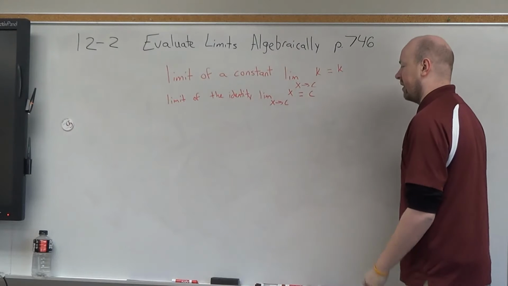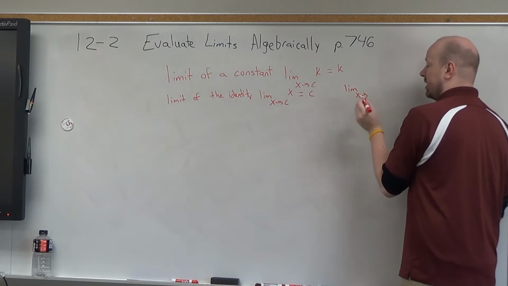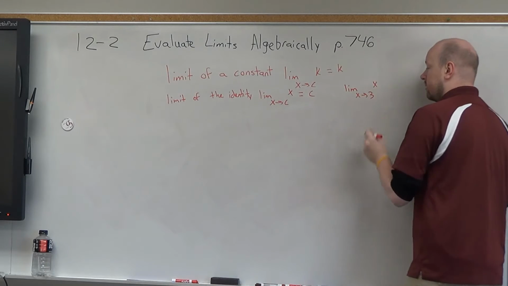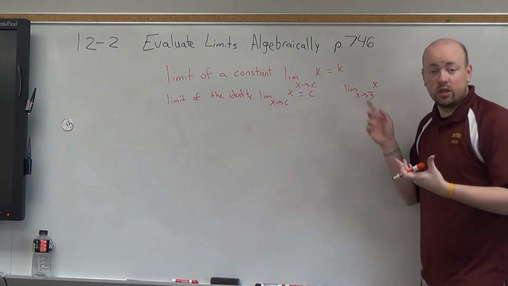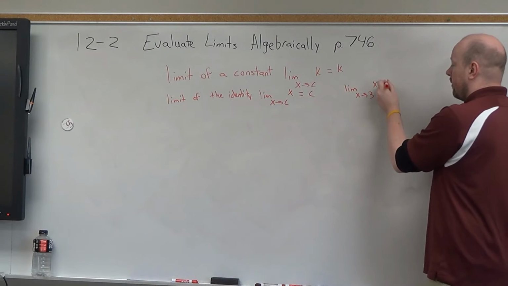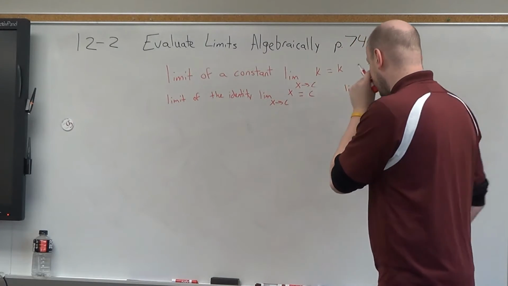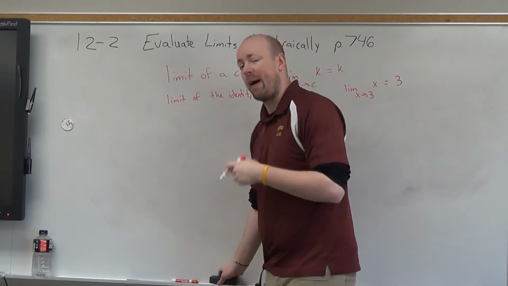So again, let's talk about an example. The limit as x approaches 3 of x, well, x is a function. We know that those limits exist. And if I were to do the limit of it, it would approach 3 from both sides. So those are the main two that we start with, the backbone.